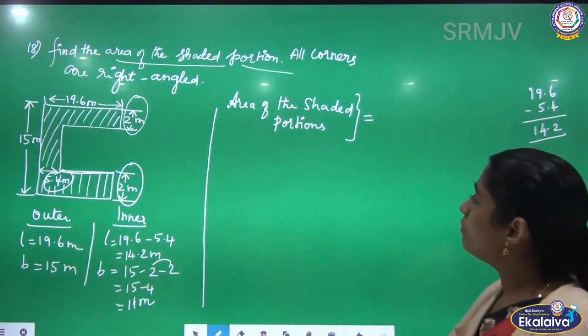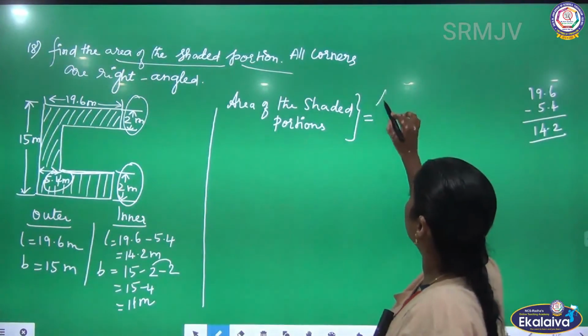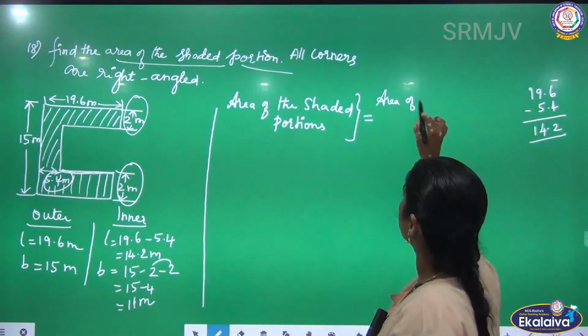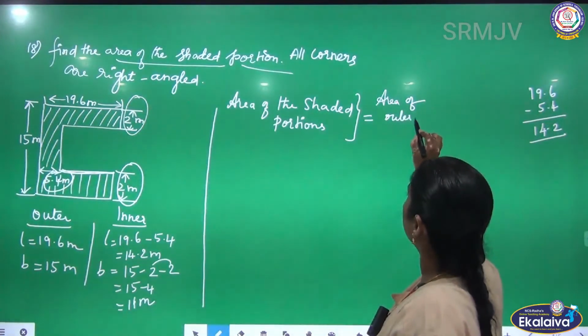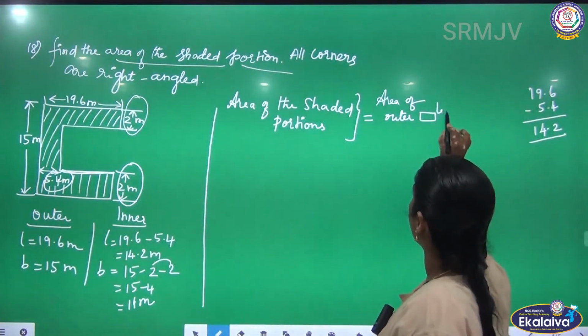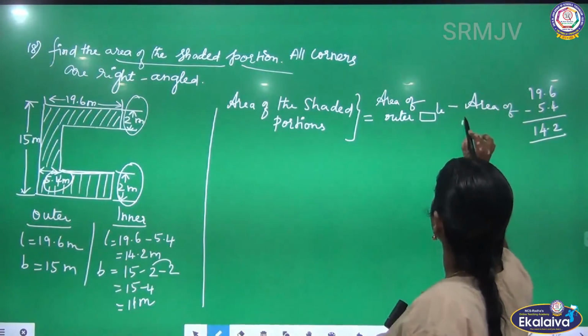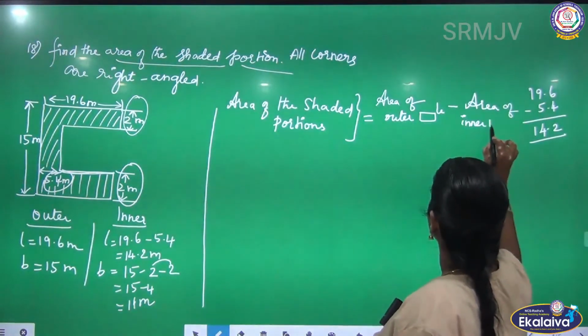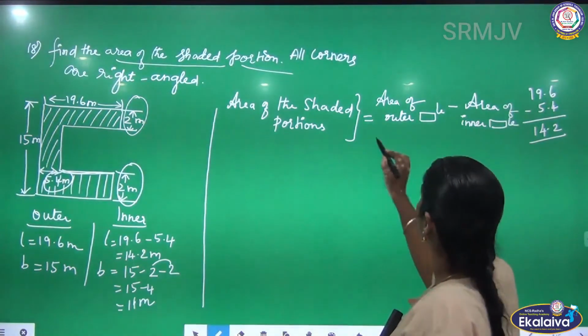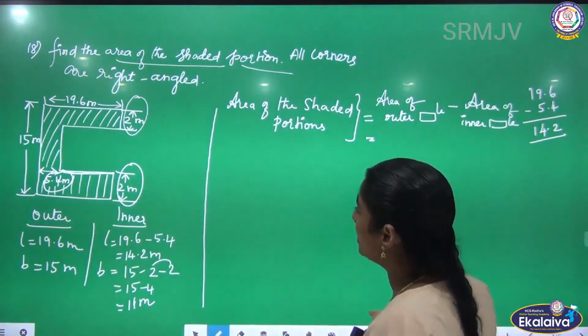Area of the shaded portion is what? Area of outer rectangle minus area of inner rectangle. So what is the outer rectangle?